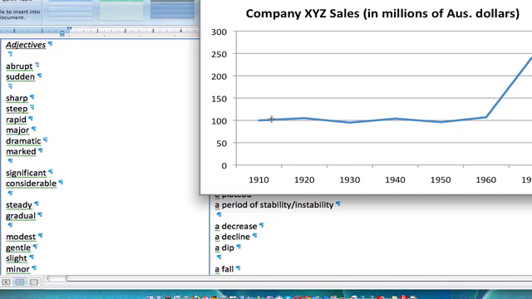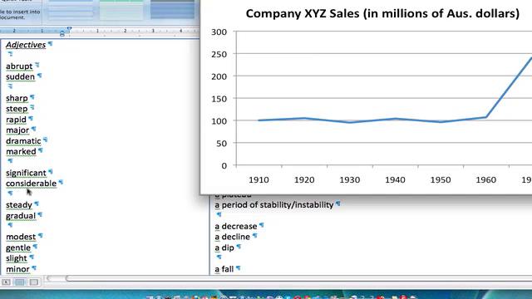So for example, here we could not describe this as a dramatic jump or a dramatic fall because it's too insignificant. Things aren't changing that much here. It's when we get to this portion when we could say a sharp climb or a dramatic increase or a marked jump, for example. Okay, so that's what these groups of words do.